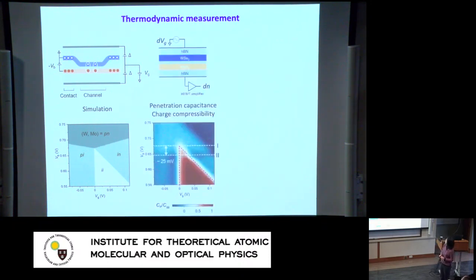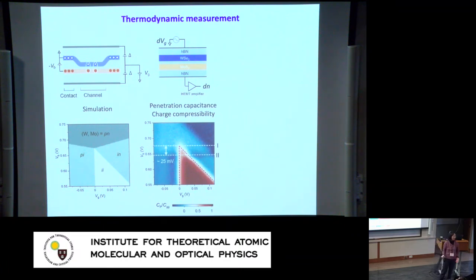So now let me show you the penetration capacitance, which measures charge compressibility. And the red means the whole double layer is charge insulating. And you see this red triangle showing up. And this is not too surprising.